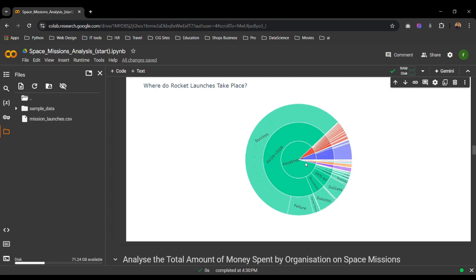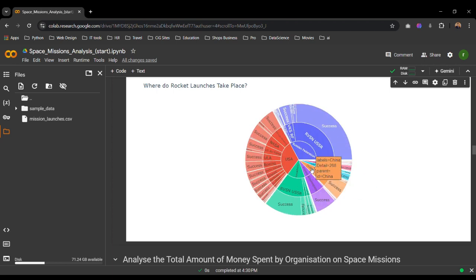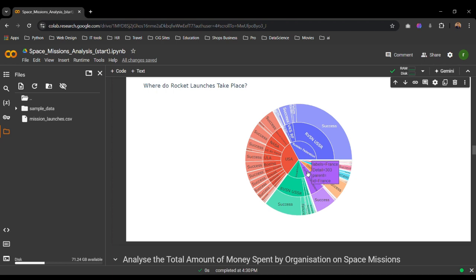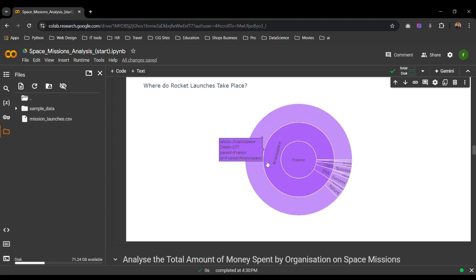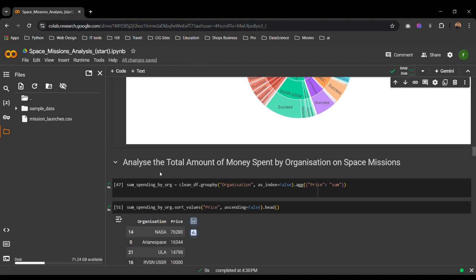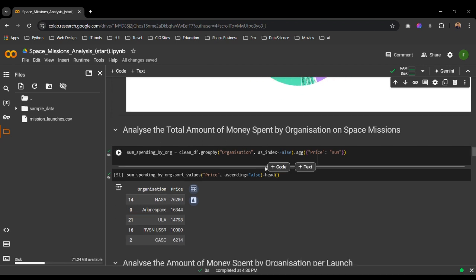Okay, so our data looks beautiful with this. China. Okay. And we have also France, Arianespace, okay, with several organizations. Okay, so that's for Sunburst.